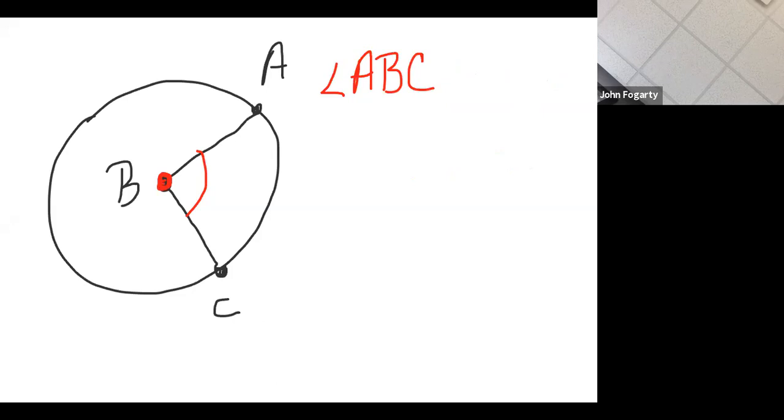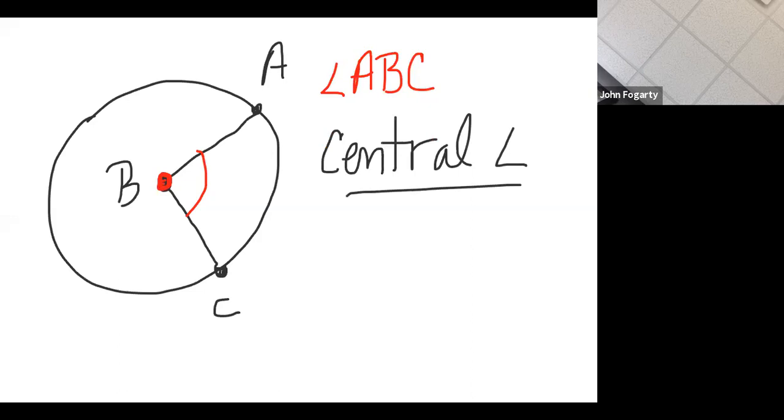Now, I'm going to tell you this is angle ABC, and that angle ABC is what we call a central angle. Now, without me telling you the definition, based on what I just said, what's the definition of a central angle then?